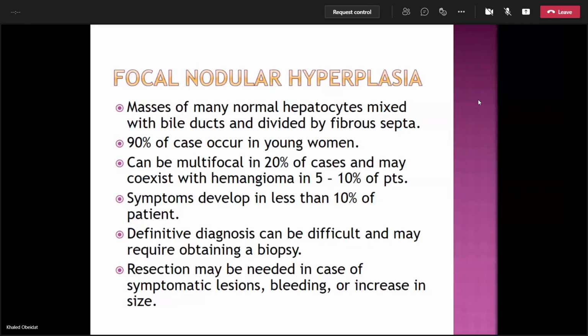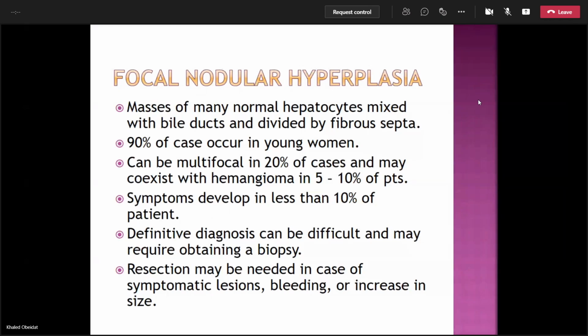You can see it with any other type of tumor or any type of liver lesion. If we see the central scar in these lesions, that will usually guide us to the diagnosis of focal nodular hyperplasia. But many times we need to do biopsy to confirm the diagnosis.